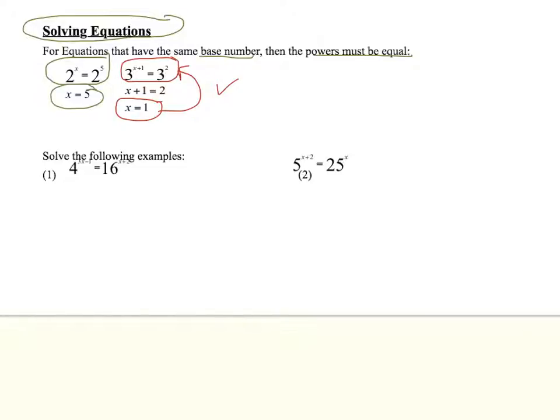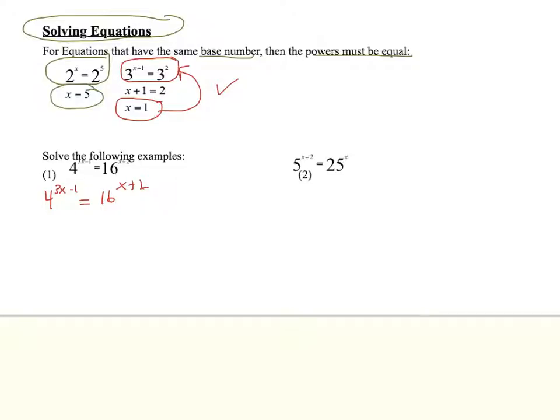So now we're going to solve the following examples, right? Here we have 4 to the 3x minus 1 is equal to 16 to the x plus 2. Well, we can't solve this directly.